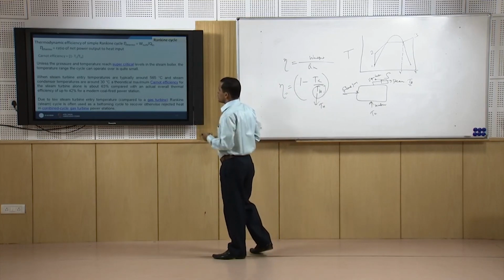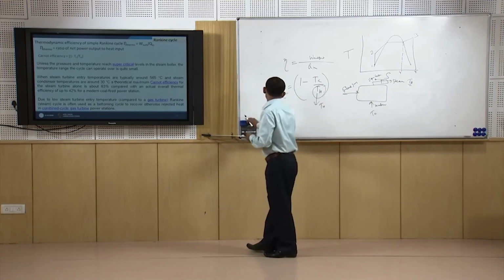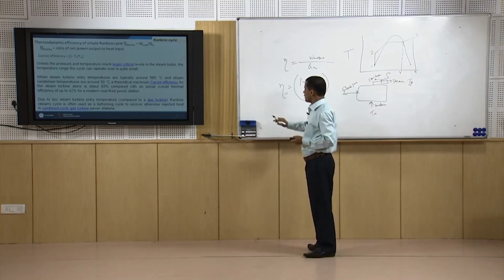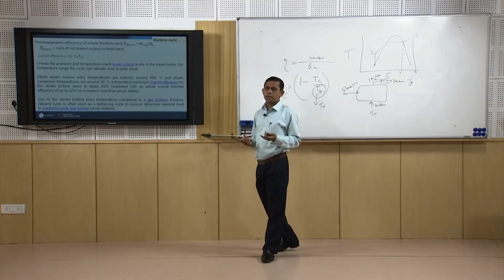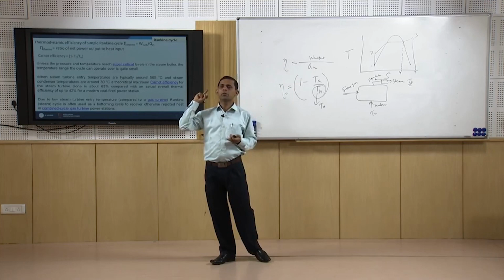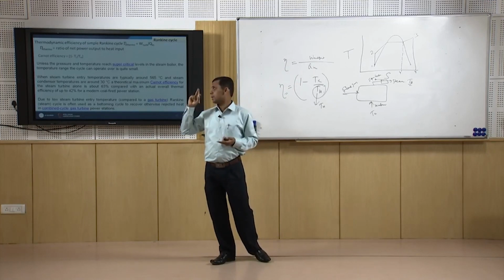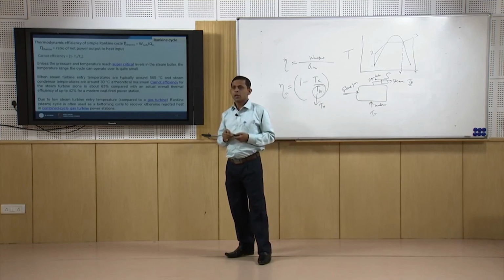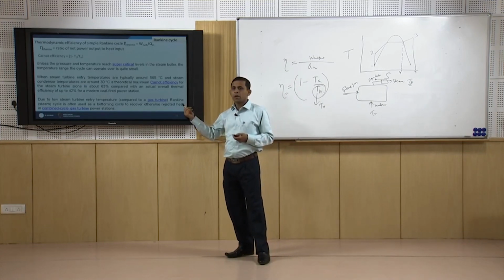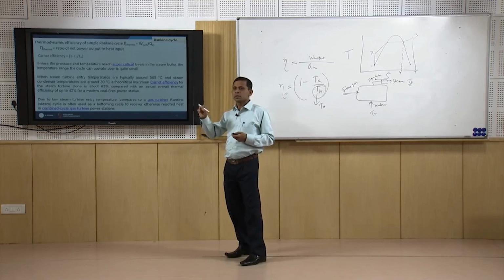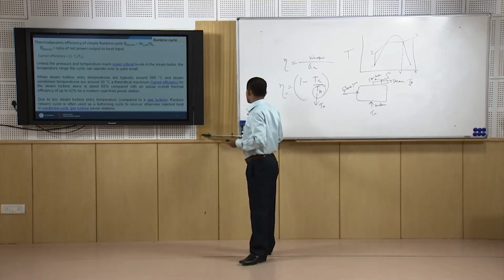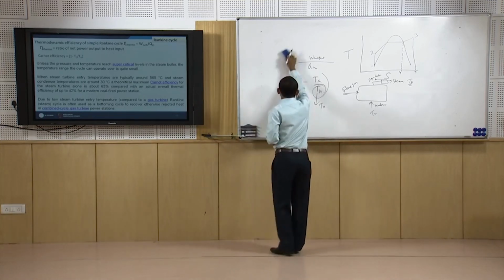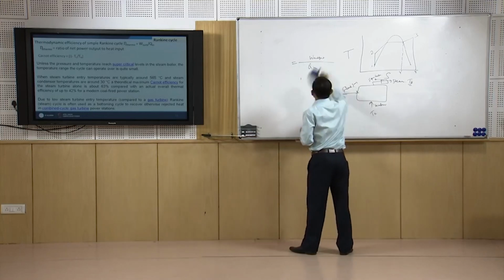Due to the low steam turbine temperature with respect to the gas turbine, where the temperature is around 1500 degree centigrade, but here it is around, say, 565 degree centigrade in supercritical condition, due to this low temperature requirement, the steam turbine is used in the bottoming cycle of a combined cycle plant.